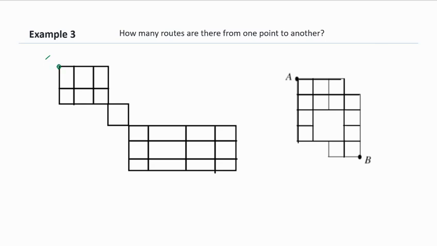So we're going to start the same way. Decide if you're going to go from top to bottom or from the bottom up to the top. Once you decide that, you are going to put nodes on the starting lines, the lines that come out of it, and put ones.